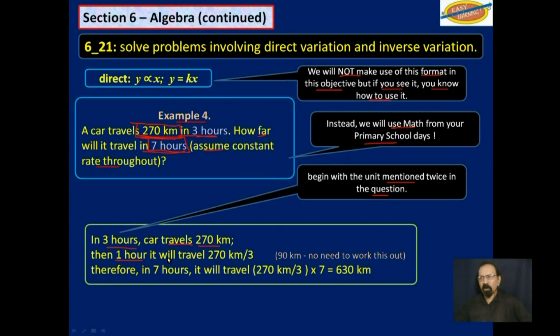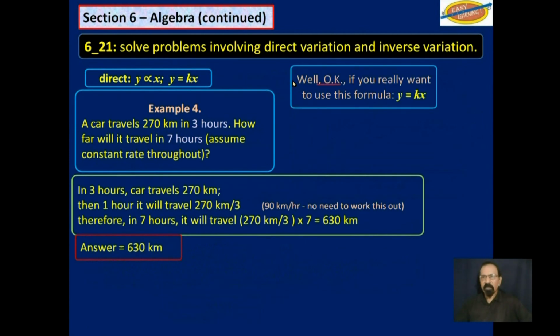Then in 1 hour, it will travel 270 divided by 3, which is 90 kilometers. And in a little while, you will see that that 90 is actually this k here. And so in 7 hours, it will be that 90 times 7, and you get 630 kilometers. So our answer is 630 kilometers.